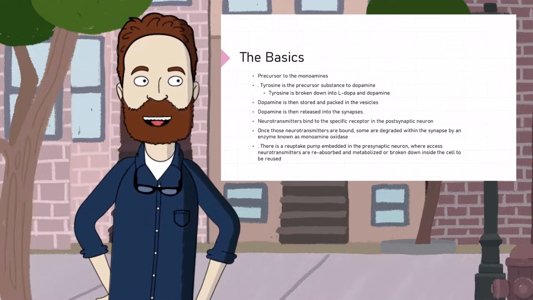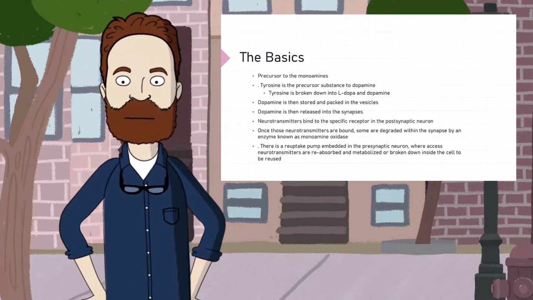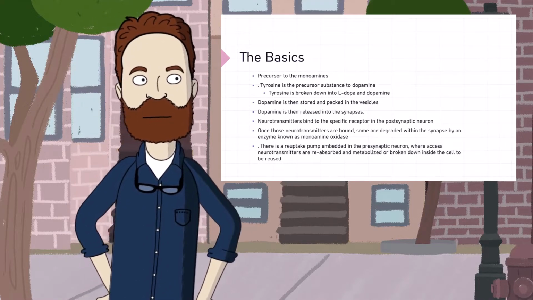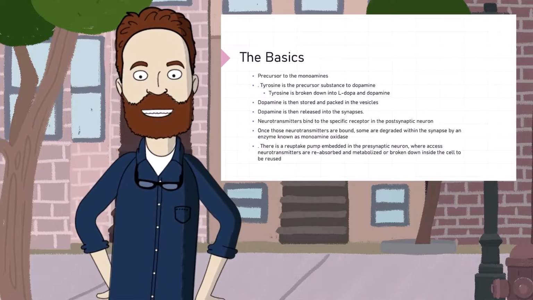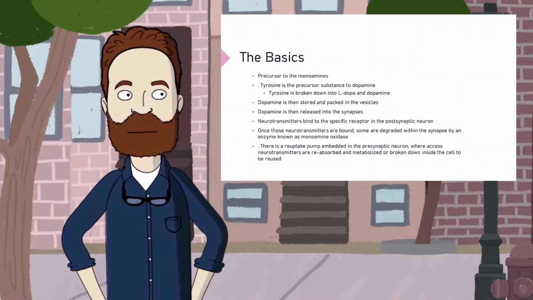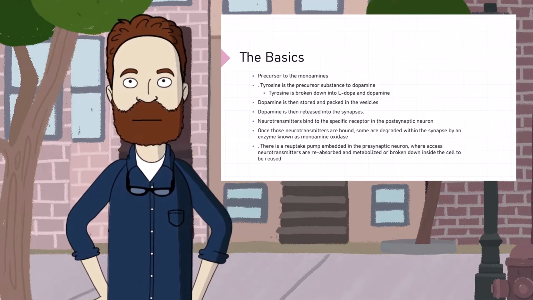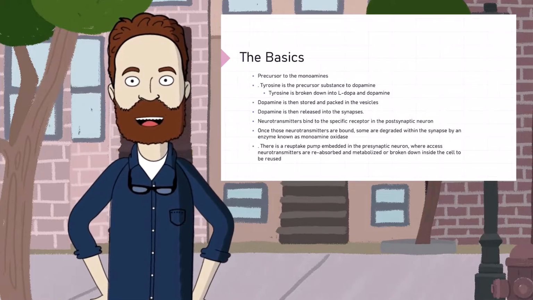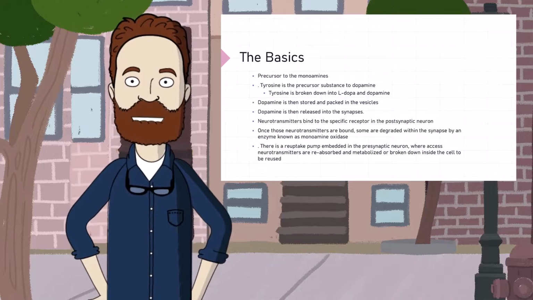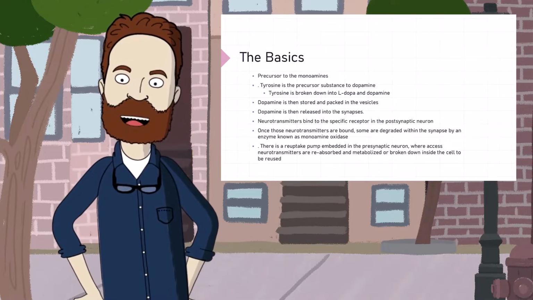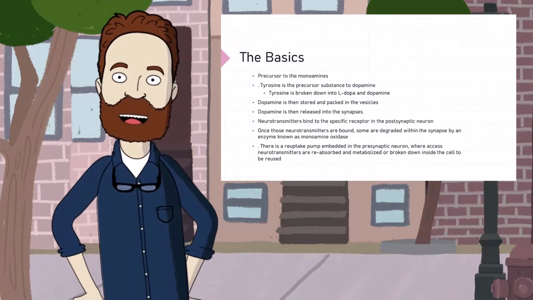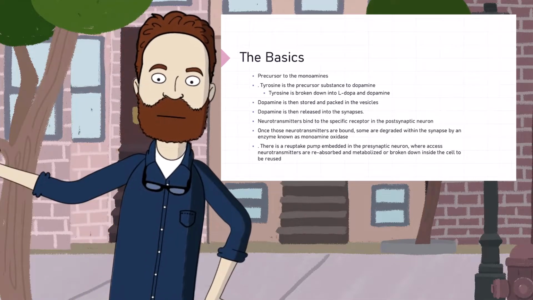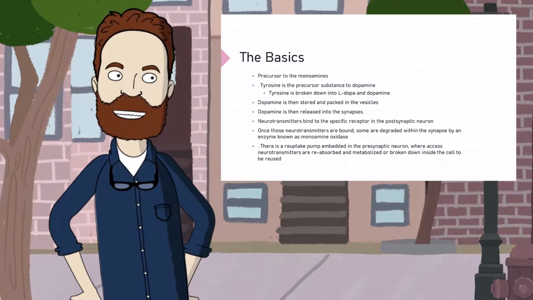And then neurotransmitters, when they're released from the synapse, they go to the postsynaptic neuron, and they bind to specific receptor sites on that postsynaptic neuron. And once those neurotransmitters are bound, right, some of those neurotransmitters bind, and then some degrade within the synapse, and then some of them are broken down by monoamine oxidase.